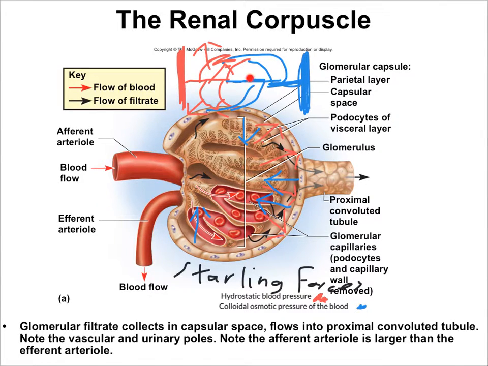Now over on the venular side, you have much lower pressure, but since you've excluded water, you have much higher osmotic pressure, and that's going to pull fluid back into the capillaries and venule, and about 85% is reabsorbed.